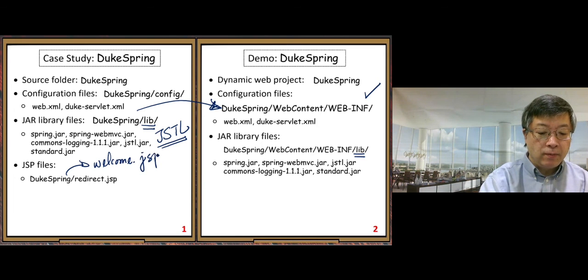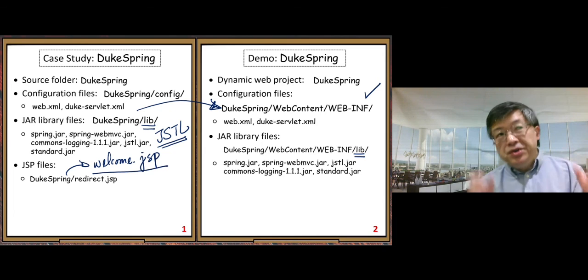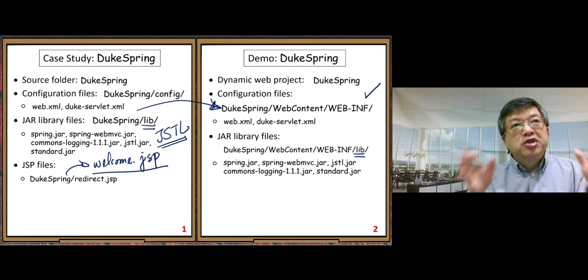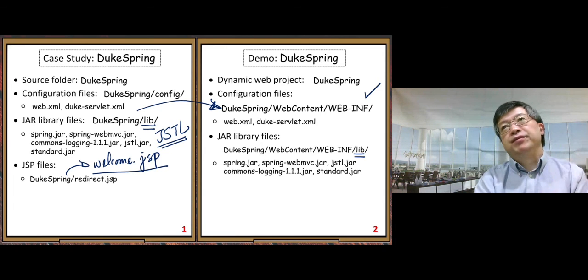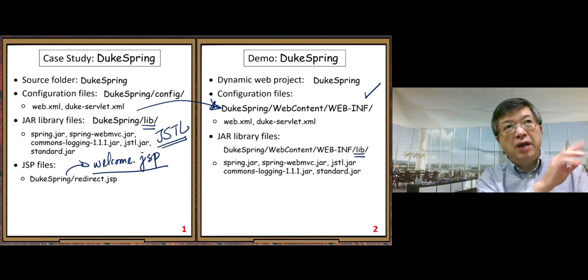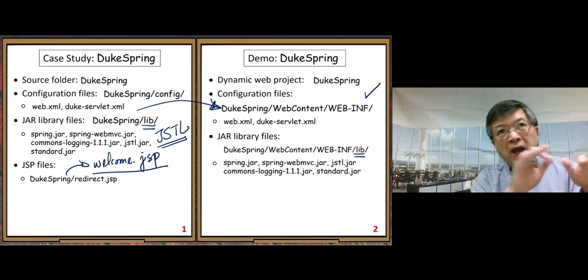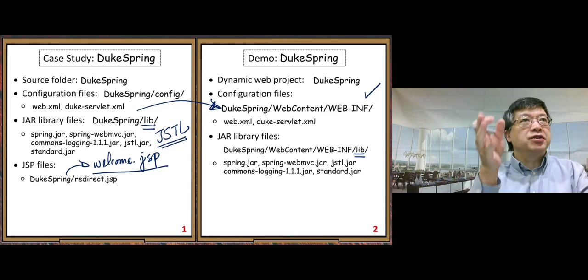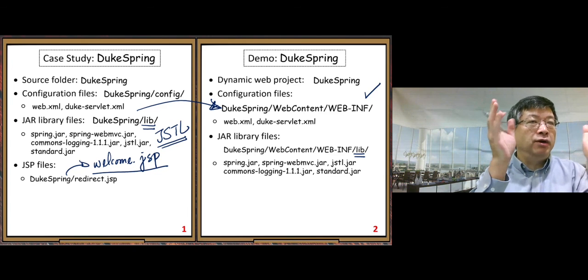Welcome.jsp. The user does not need to specify the file name of this welcome file. They just type the domain name and web application name, and they can access this welcome file automatically.